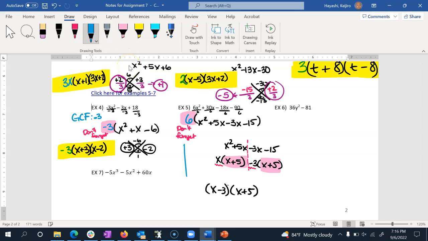And don't forget about this 6. So even if you did it the other way, where you combine like terms, you should still end up with this. So this is factoring by grouping.